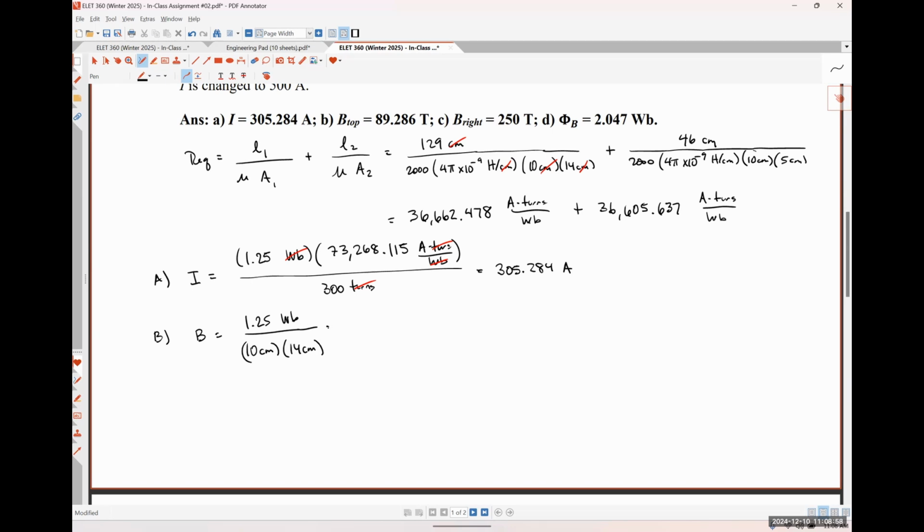And while we're at it, because we know that Tesla, the unit of magnetic flux density, is Webers per meter squared, we'll go ahead and throw on a conversion of 100 centimeters per meter, and then we'll square this. So 1.25 times 100 squared divided by 10 times 14 gives me 89.286 Webers per meter squared, which is a Tesla.